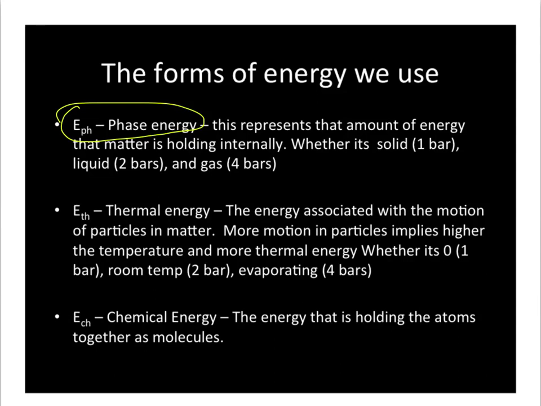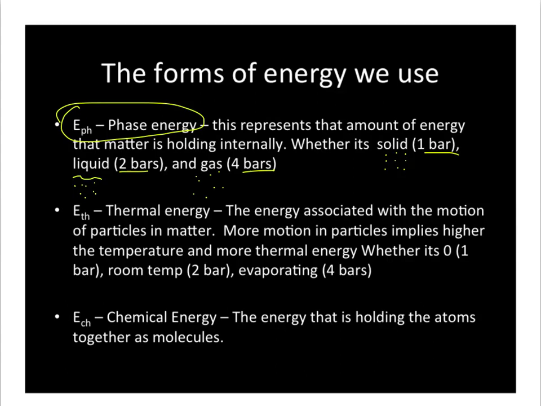So for the solid, we have it in a nice little pattern, and these particles aren't moving very much, so there's not a lot of energy here, whereas with the liquid, we have a little bit more energy, and then the gas is all over the place. And we have the 1 bar, 2 bars, 4 bars. That's not changing at all.